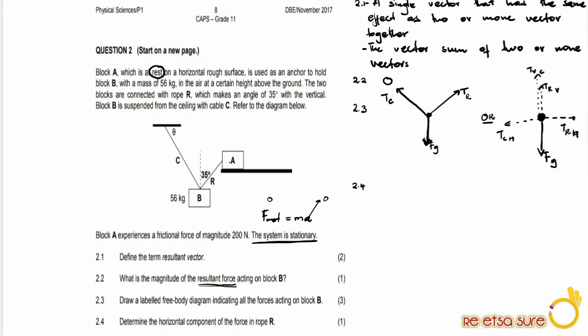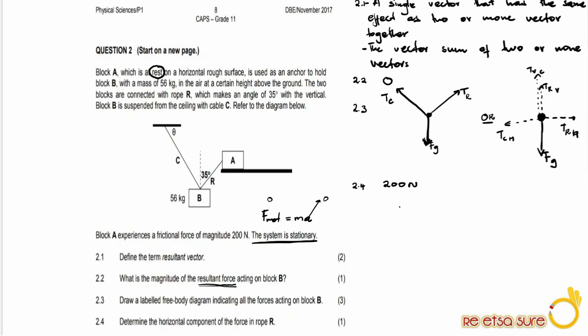Since it's static, the static frictional force must be equal to the horizontal component of R. Meaning for 2.4, the horizontal component of force in rope R must be 200 Newton. Why 200 Newton? Because the static frictional force of A is 200.